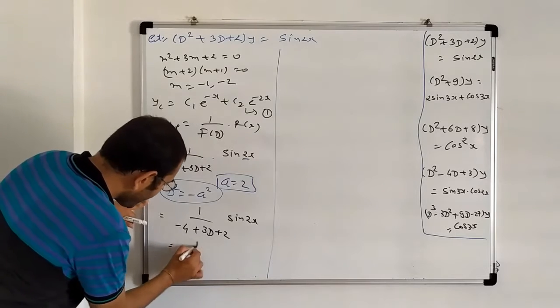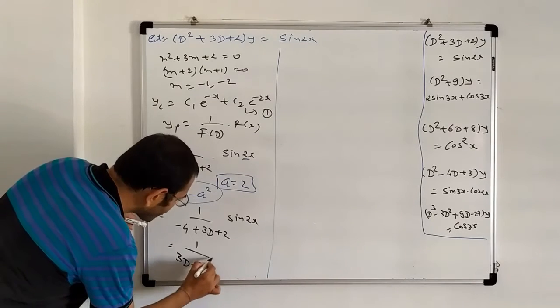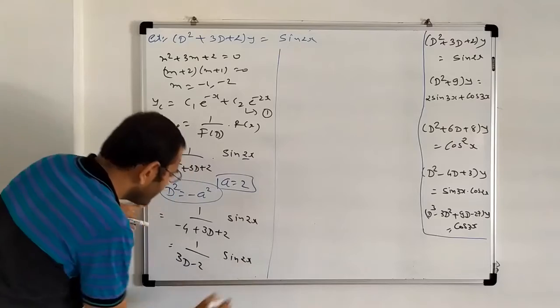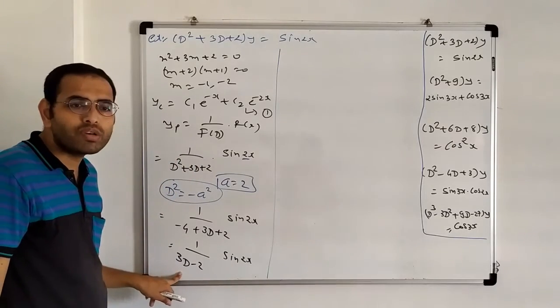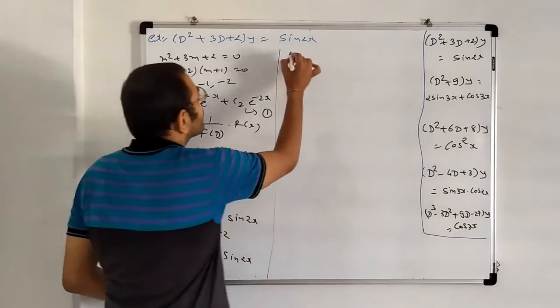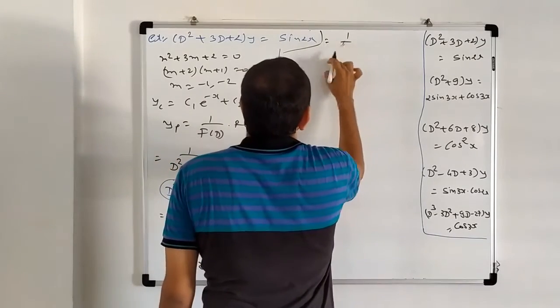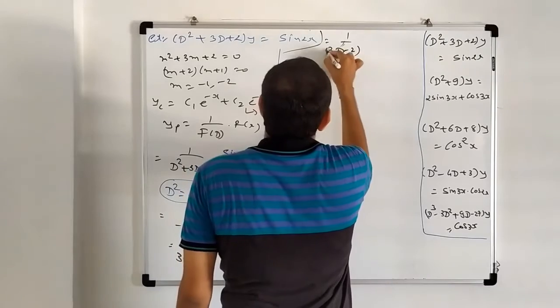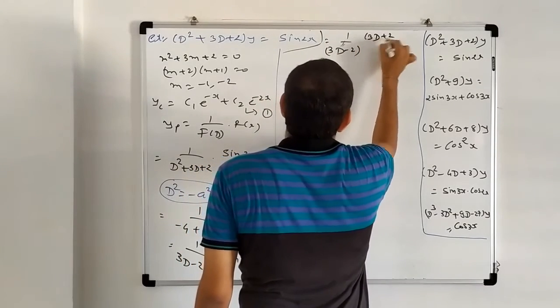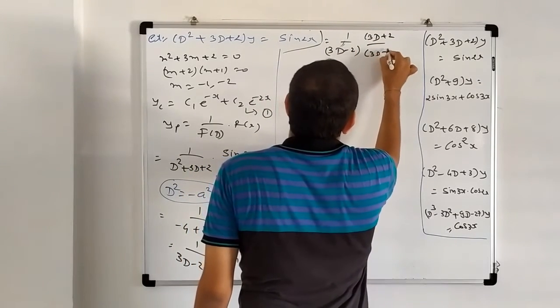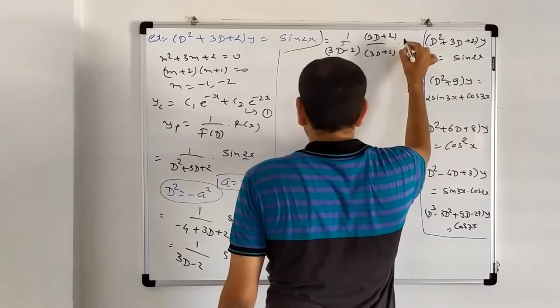Then we get 1 upon 3D minus 2 into sin 2x. To make the denominator a difference of squares, we multiply by the conjugate, with the opposite sign: 3D minus 2 multiplied and divided by 3D plus 2.